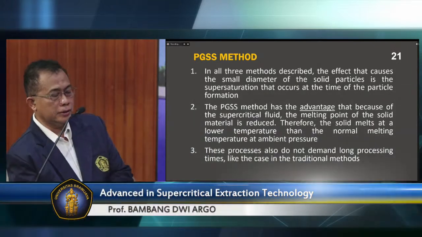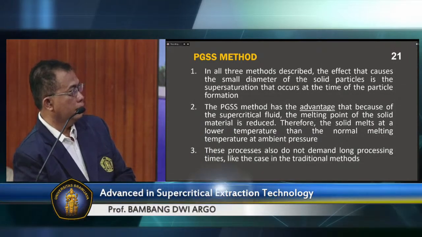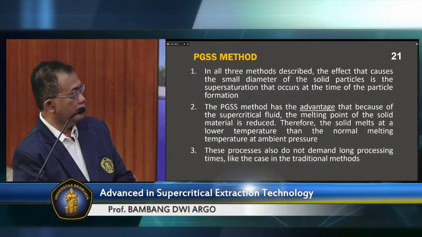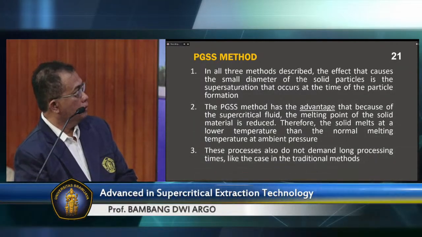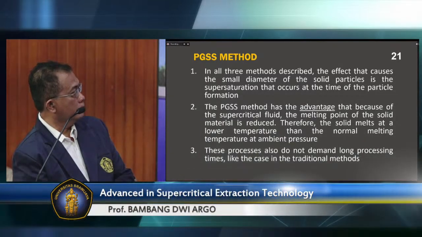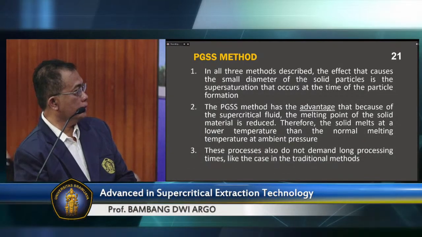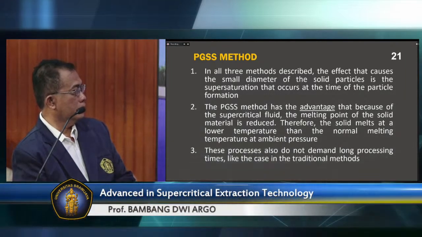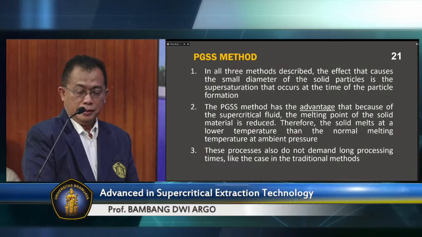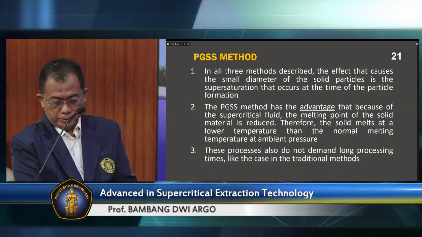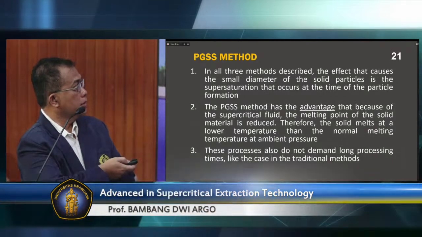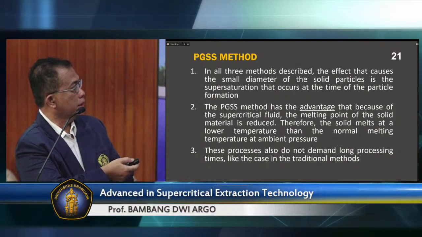This is also important information when you will design a PGSS method. And then this process also doesn't demand long processing time like the case in the traditional method. So we can develop this method by using this information.